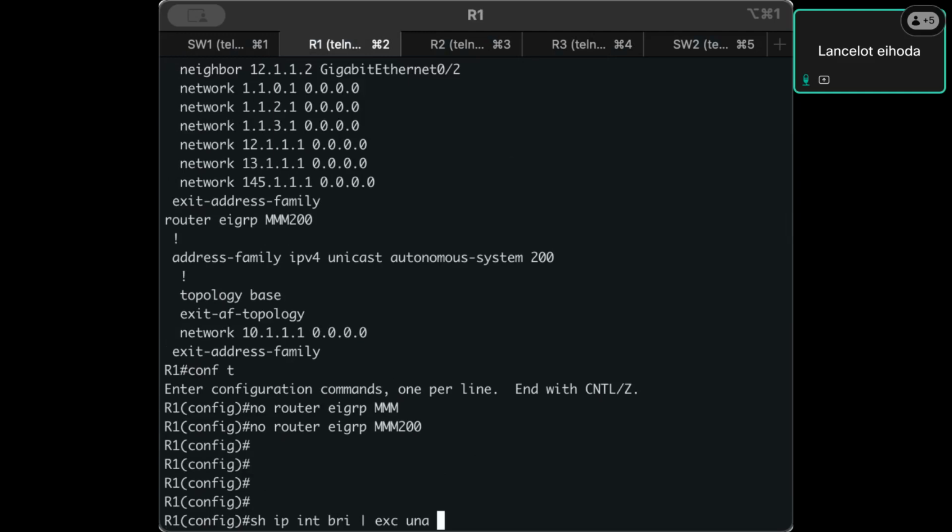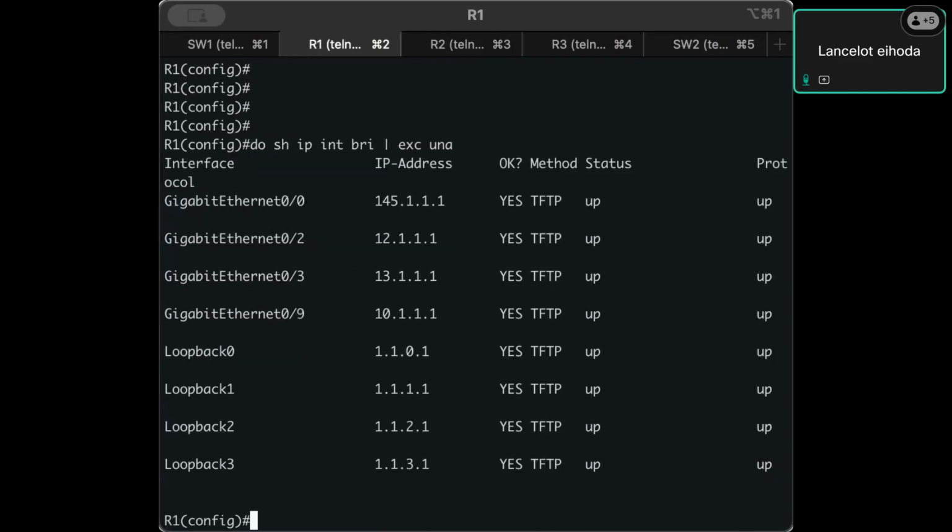Control A, go back to the beginning, put the do sign. So we can see we have the interfaces 0/0, 0/2, 0/3, and all of that. Most times when we build topologies like this, if you notice, the 0/2 has a 12 IP address, right?